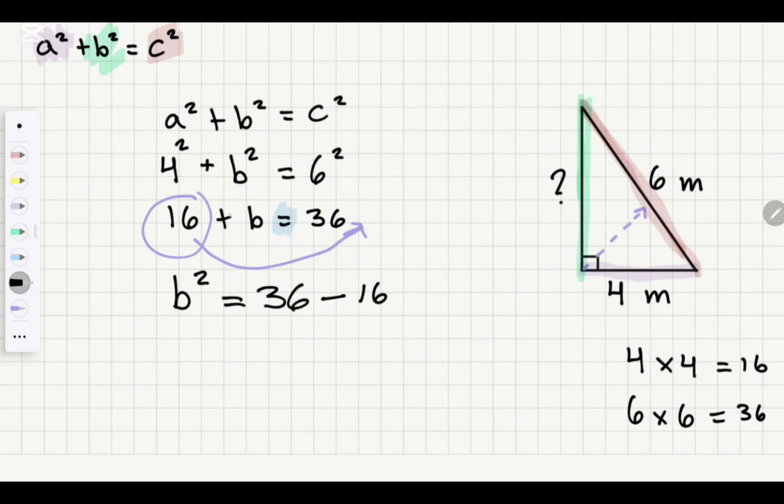Same if I had, say, minus b, if I brought it over here, that would be plus b now because it crossed the equal sign. So now we can subtract 16 from 36. So let's write that. b squared equals 36 minus 16 is 20.